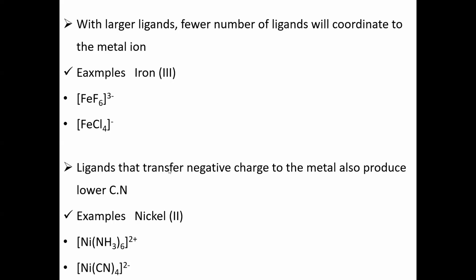Example, as I have given you, your anionic ligand, which is already negatively charged, and your neutral ligand. So the anionic, because it will transfer more charge, your metal can only accept fewer of such ligands compared to the neutral ligands.